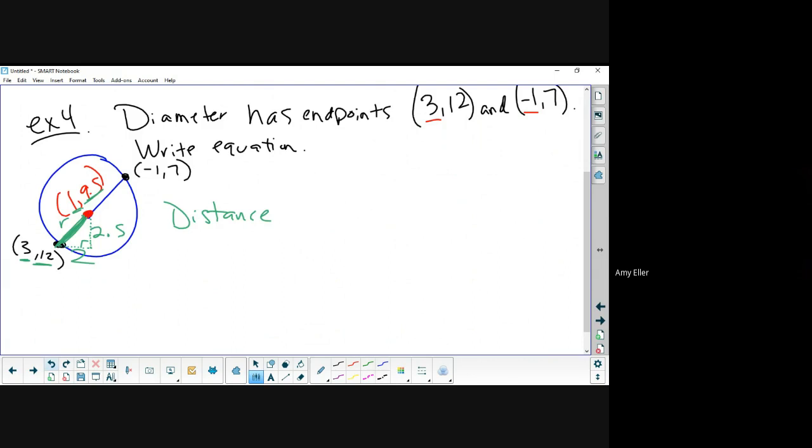I now have 2 sides of a right triangle. So let's set up the Pythagorean theorem. 2 squared plus 2.5 squared equals, sometimes we call it c squared. Let's call it r squared because that's what it is in this picture.